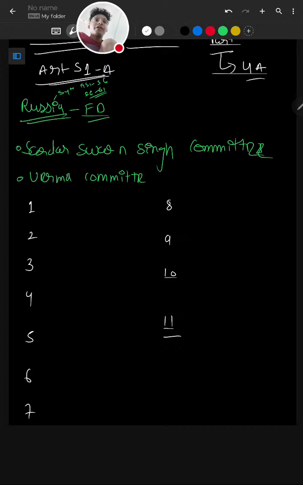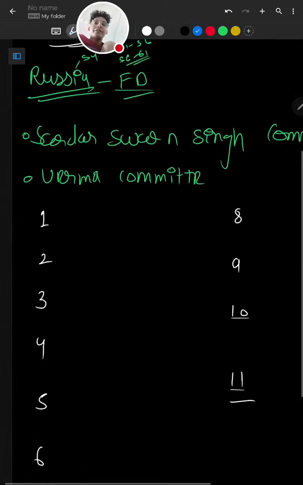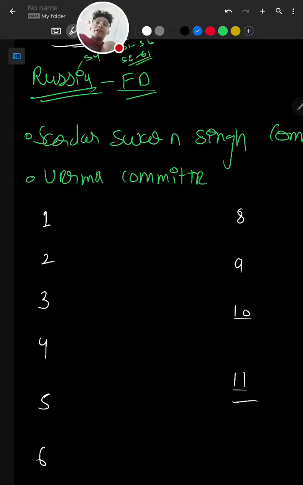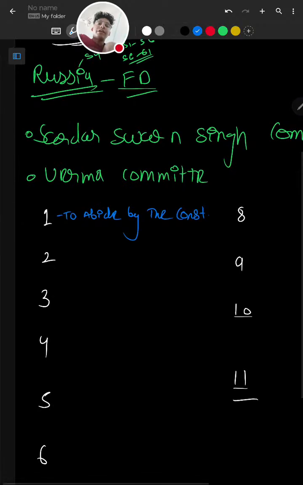Now going on to the fundamental duty itself, the first fundamental duty is to abide by the constitution. Abide by the constitution means respecting the ideas and ideology of the constitution, and respecting our national flag and national anthem.